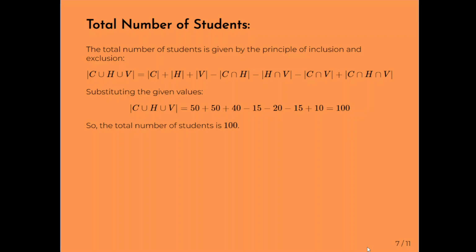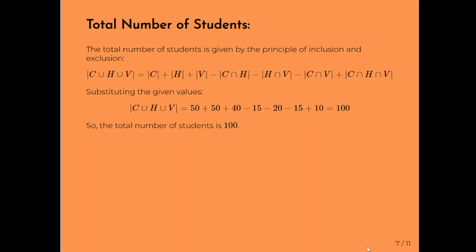The total number of students is given by the principle of inclusion and exclusion. So we have the cardinality of C is 50, the cardinality of H is 50, the cardinality of V is 40. Now we're going to subtract the double intersections, so to speak.